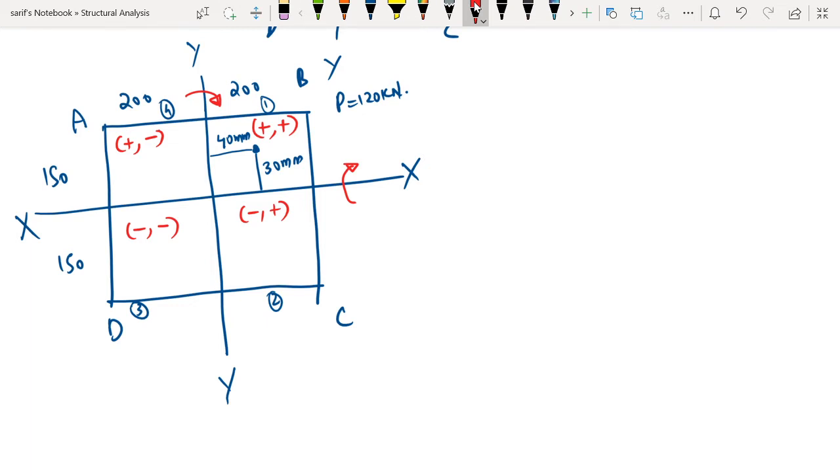The next step is we need to calculate the stresses that are going to act at each of the points A, B, C, D. Let us write the equations for that.